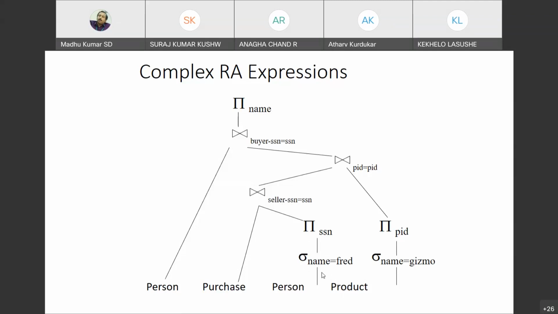From the person table, you are taking the name and the SSN, and you are taking the join of that with the purchase table, and then in parallel you are doing some other selection and projection, and then again you are taking a join here, and then finally you are joining with the person table with the condition of buyer SSN equal to SSN from the right part, and then finally you are projecting the name. So here you are getting the names of persons, or the buyers, with certain conditions.